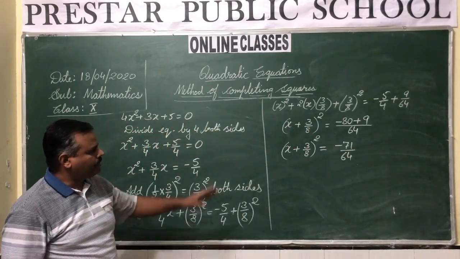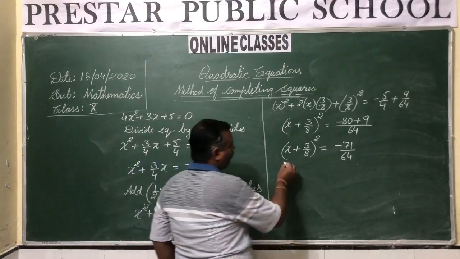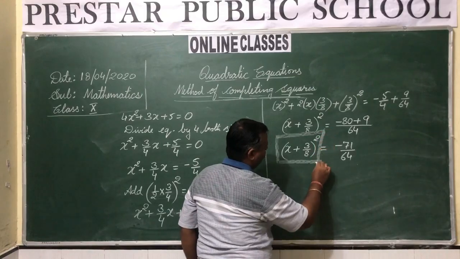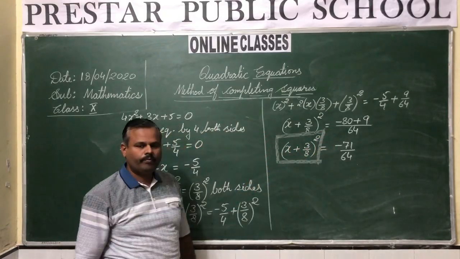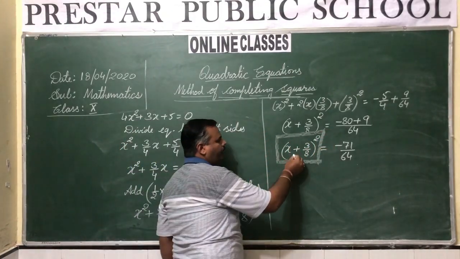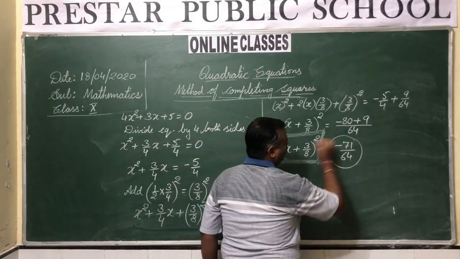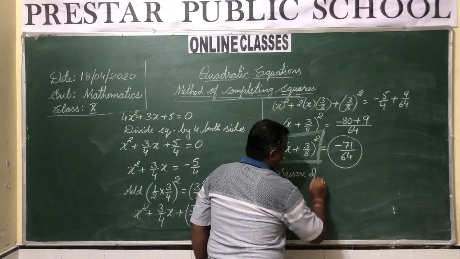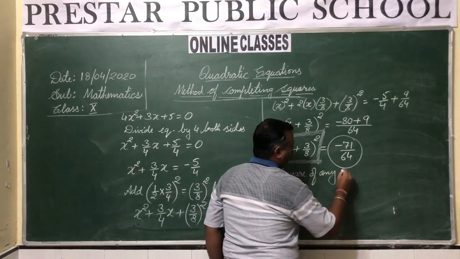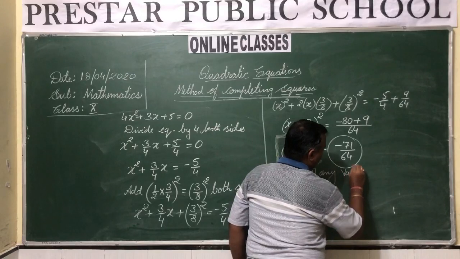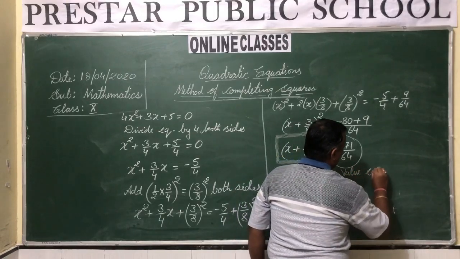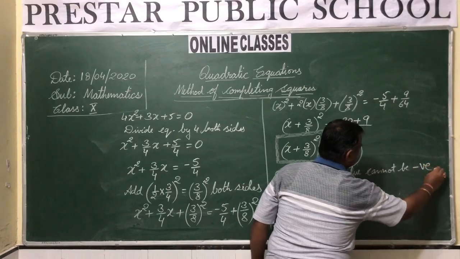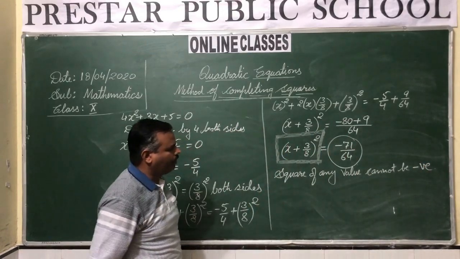Now here if you see, the situation which arises is that your left hand side is a whole square value. It is a perfect square. And the square of any value cannot be negative. So here the square of any number cannot be negative, but here we are getting it as negative.